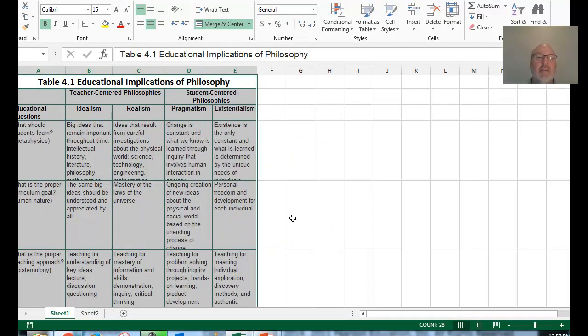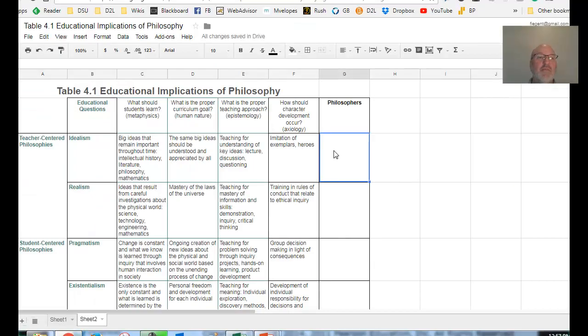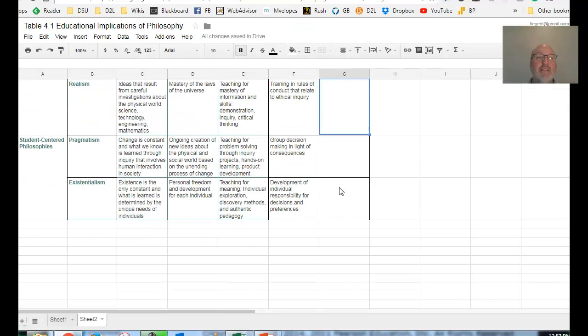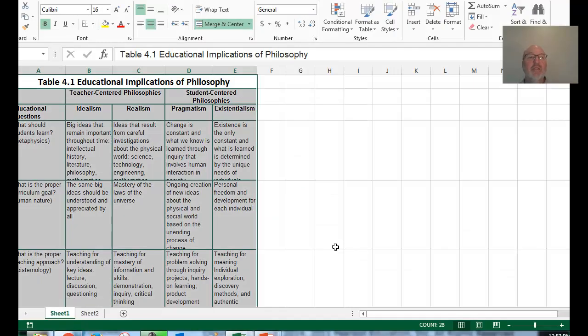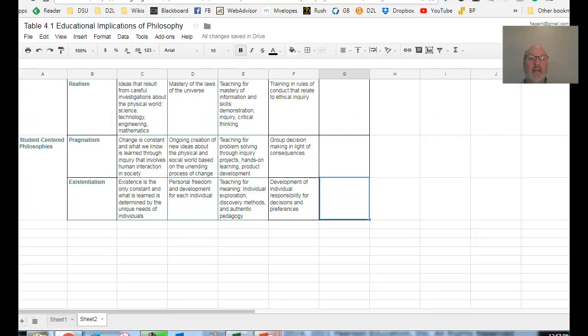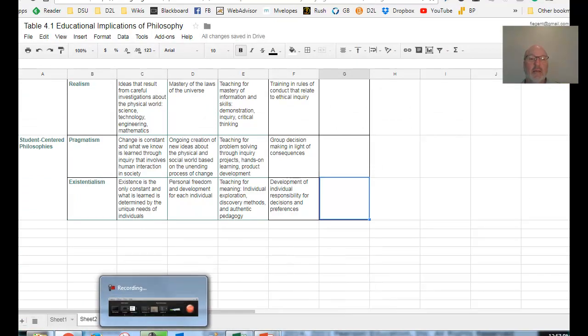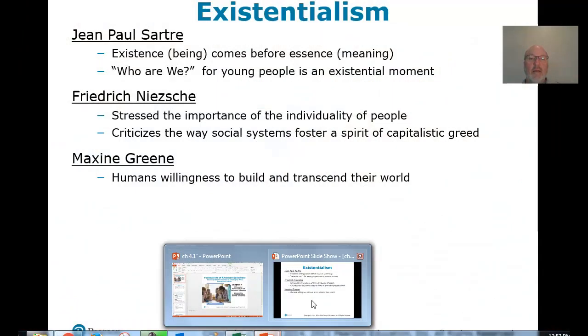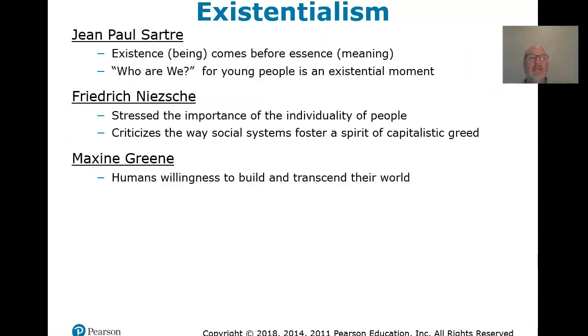But when you get it downloaded, what you're going to want to do is go ahead and copy it. After you download it, you're going to fill this in for each one of these: idealism, realism, pragmatism, extensionalism, and it gave it to you in each of these here. Like here's extensionalism.